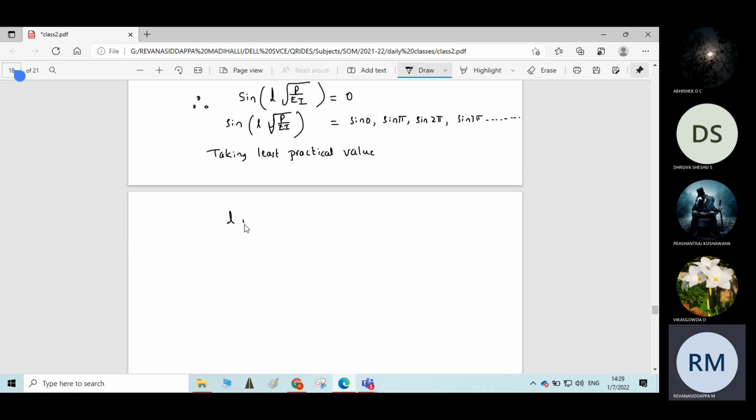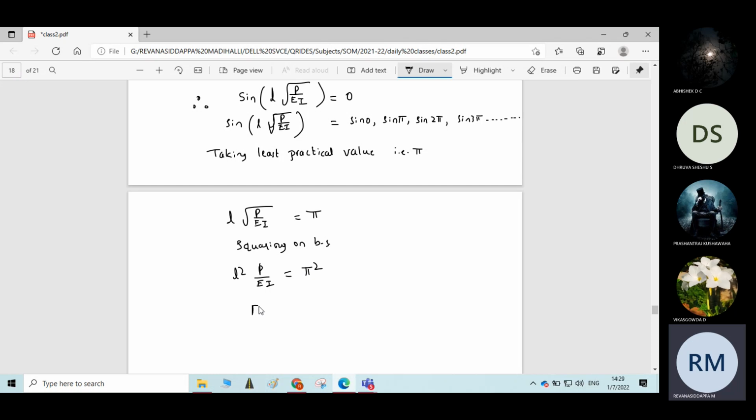L root P by EI should be equal to pi. Therefore squaring on both sides, you will get L square into P by EI is equal to pi square.